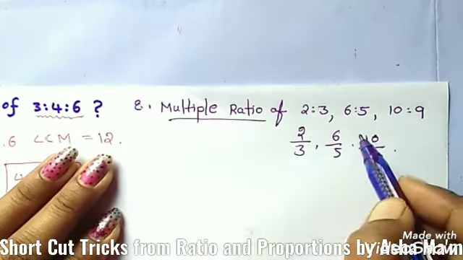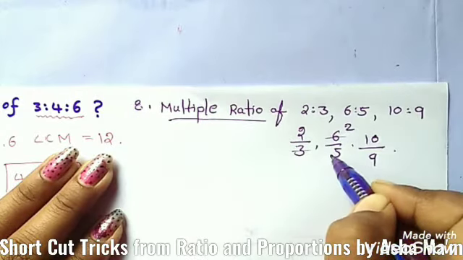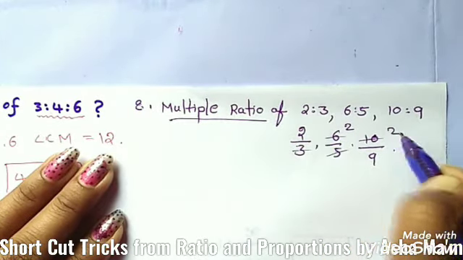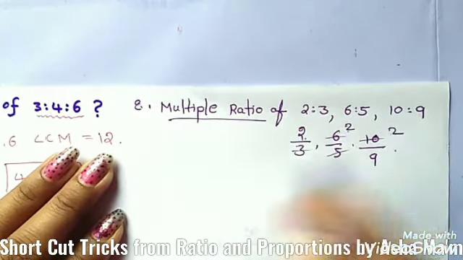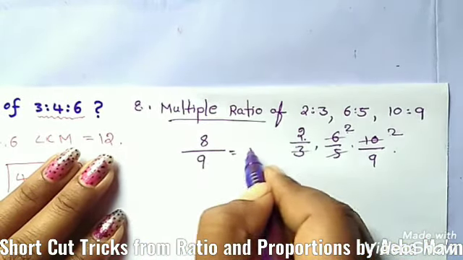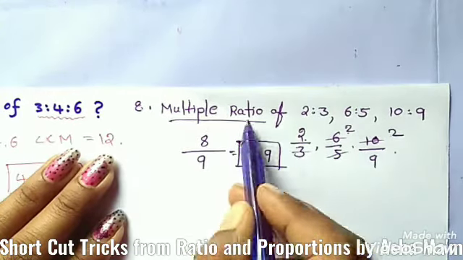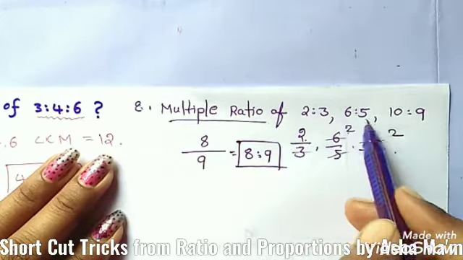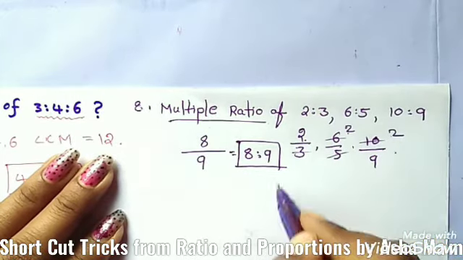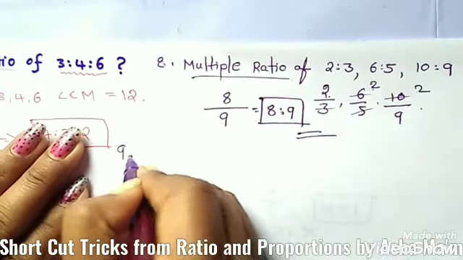And you can cancel these numbers: 3 in 6 2 times and this 5 in this 10 2 times. 2 into 2 into 2, that is 8 by 9. So simply you can say that 8 is to 9. That is the multiple ratio of 2 is to 3, 6 is to 5, 10 is to 9. Right.